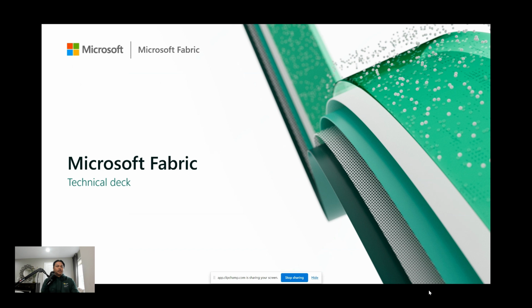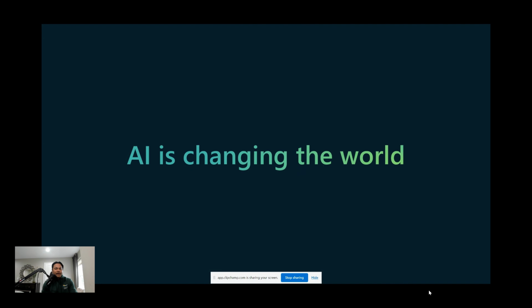Okay, so let's talk about the Microsoft Fabric overview. I'm going to go through the thought process of what got Microsoft Fabric created. So, AI is now everywhere. AI has become more practical than ever before. Every company is now rushing to figure out how to effectively use AI to gain a competitive edge.